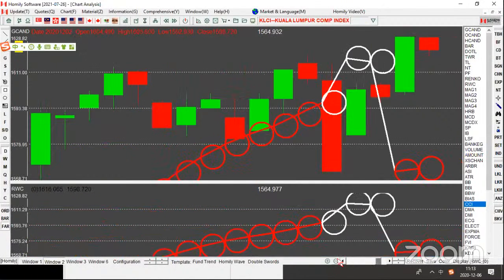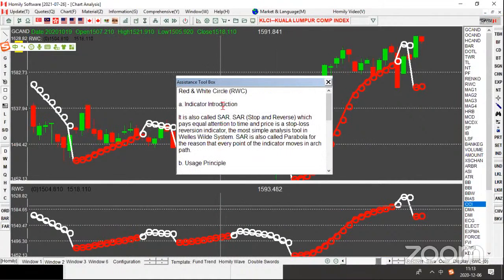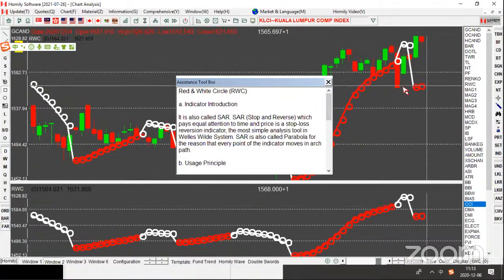You can see if I put RWC in the second window, you will see the introduction. RWC is easy for us to remember, but the design theory I mentioned just now can also be called stop and reverse indicator. It's also the so-called parabolic indicator, right? So as the price goes up, the stop loss point will move forward.